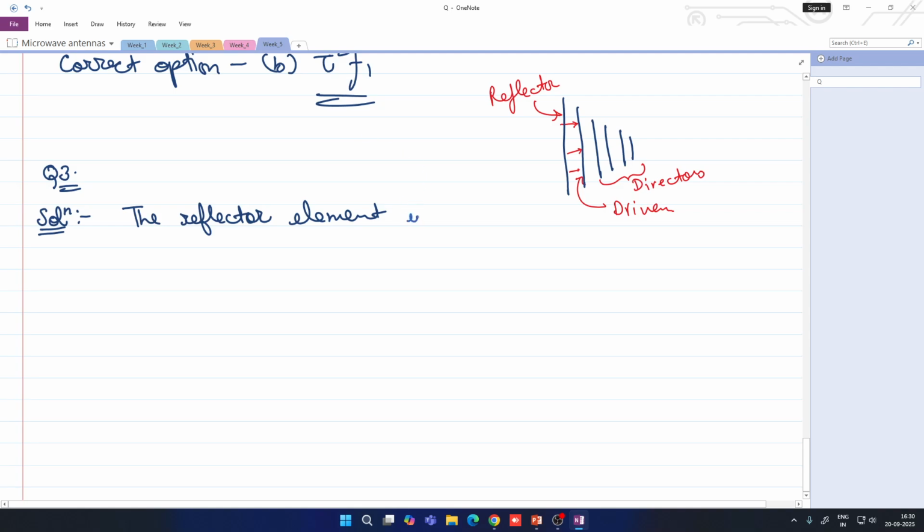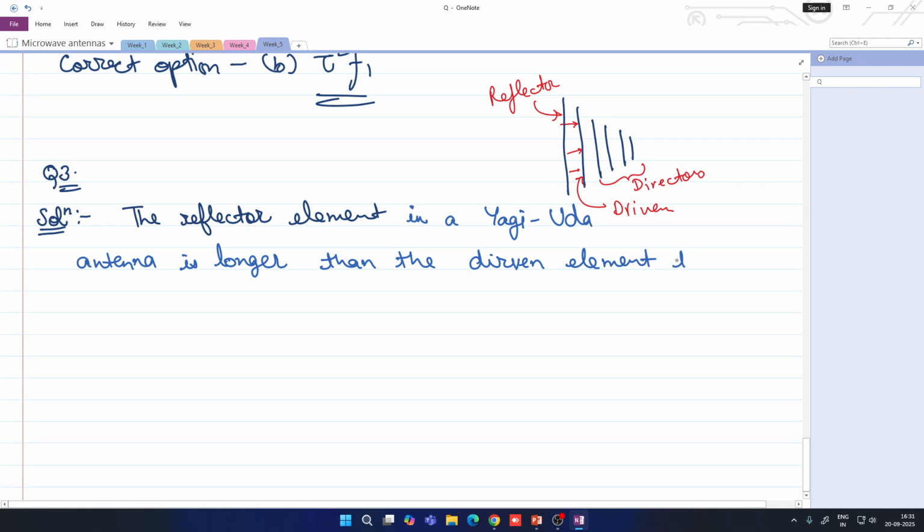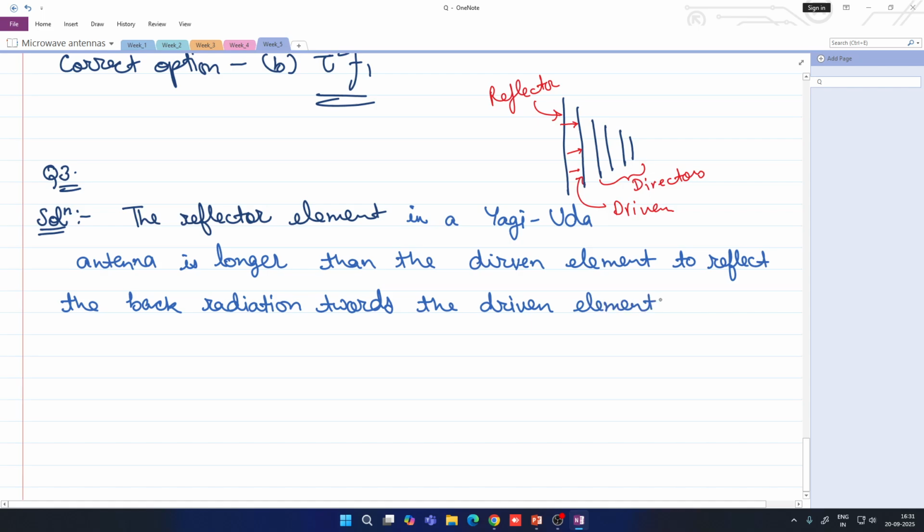The reflector element in a Yagi-Uda antenna is longer than the driven element to reflect the back radiation towards the driven element, thus improving the forward gain.